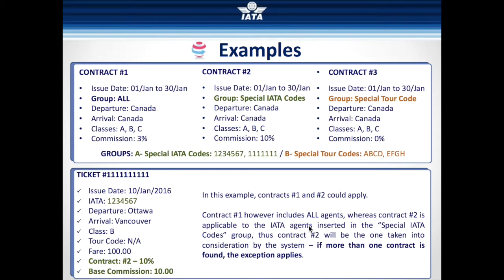And based on basic requirements from the supplier, in this case, if more than one contract is found, the exception will be the one to be applied. So even though the ticket fits in 2 contracts, based on the commission rules, we would apply 10% commission, since this is an IATA code that participates in the special IATA code list, which was a group set up by the supplier, by the TIESS user there.